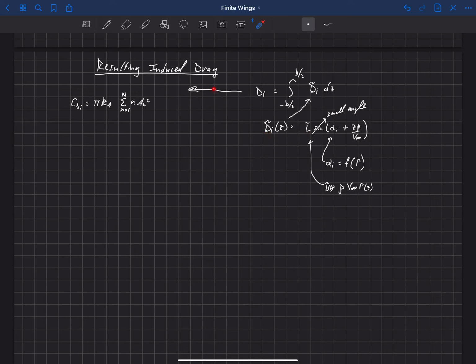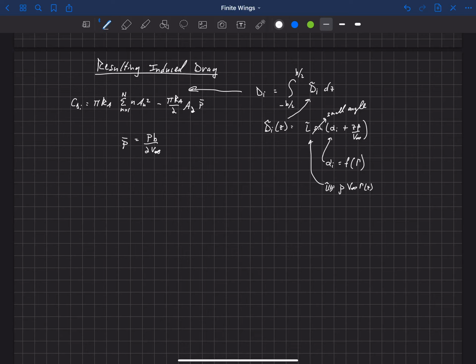And when we do that and compute this induced drag coefficient over here, we actually get a new term that shows up, and that is a minus pi times the aspect ratio over 2 times capital A2 times p bar. And remember, p bar is our dimensionless rolling rate, pb over 2v infinity.